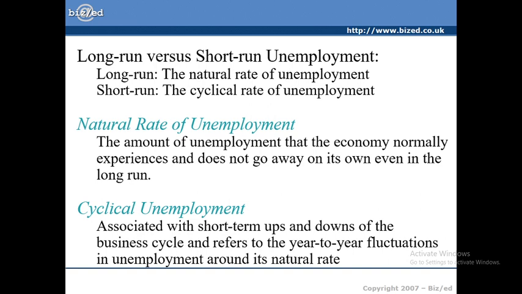Around the natural rate, unemployment fluctuates, it increases, it decreases. Since it is related to the short-term business cycle, it is known as cyclical unemployment.